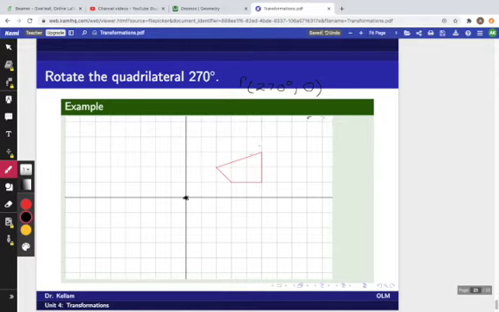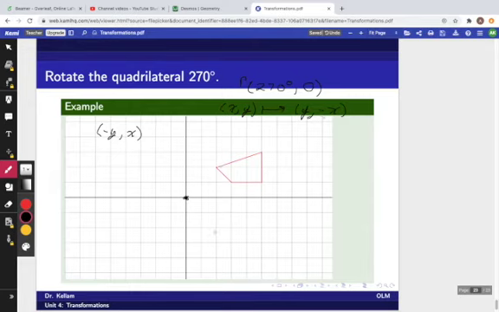Now, let's think about this for a second. If we rotate this 270 degrees, that would be the same as rotating this 180. And if you remember, this one was negative y, x for all of them. This rotation is going to take our x and our y, and map it to y, negative x.